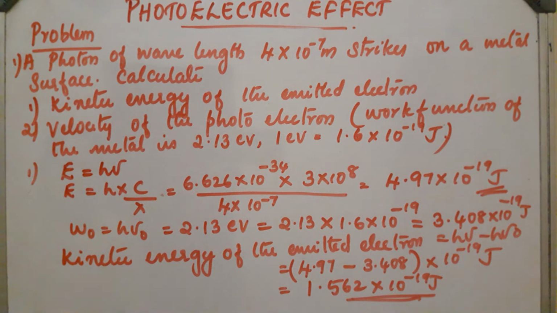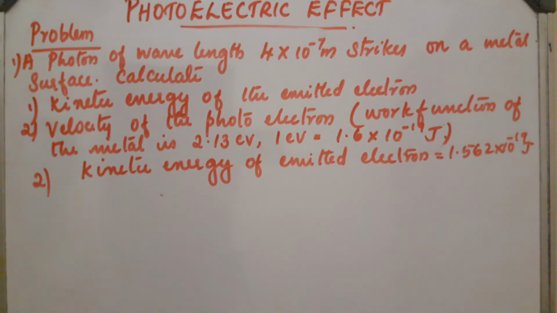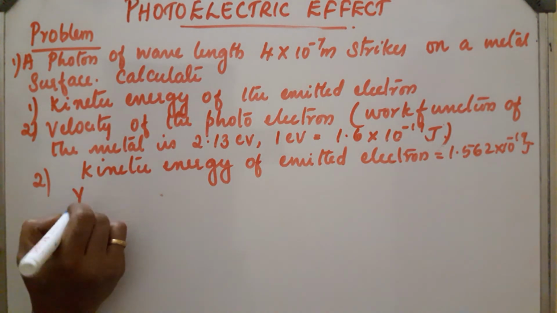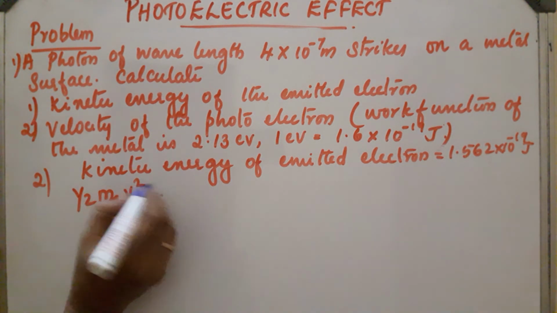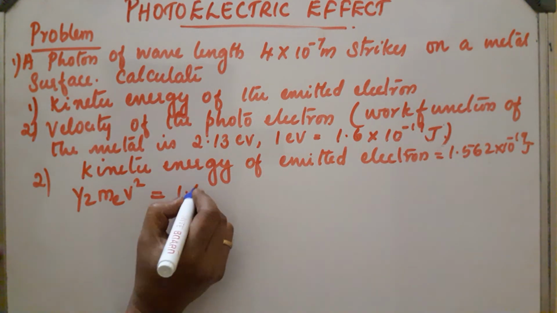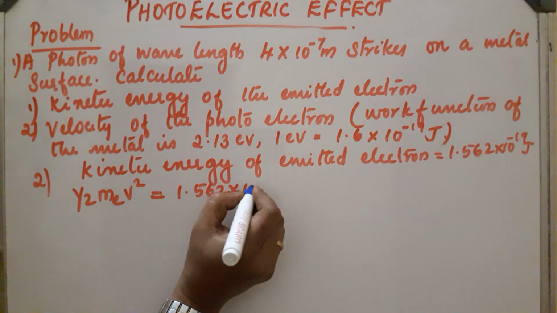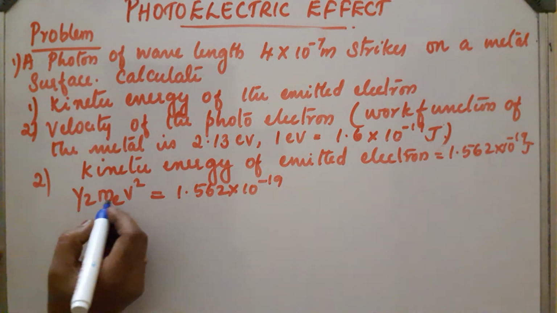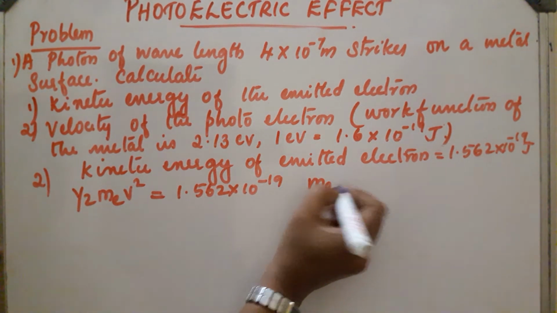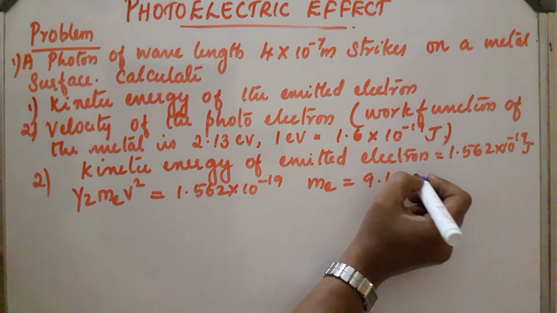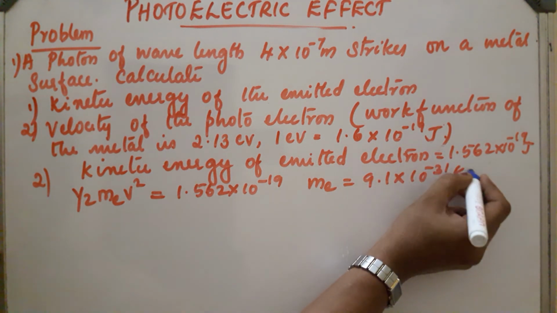Now the second part, the velocity of the photoelectron, we have to calculate. The kinetic energy of the emitted electron we already calculated, that is 1.562 into 10 raised to minus 19. We know kinetic energy is half m_e v square, which is equal to 1.562 into 10 raised to minus 19. m_e is the mass of the electron, 9.1 into 10 raised to minus 31 kilogram.